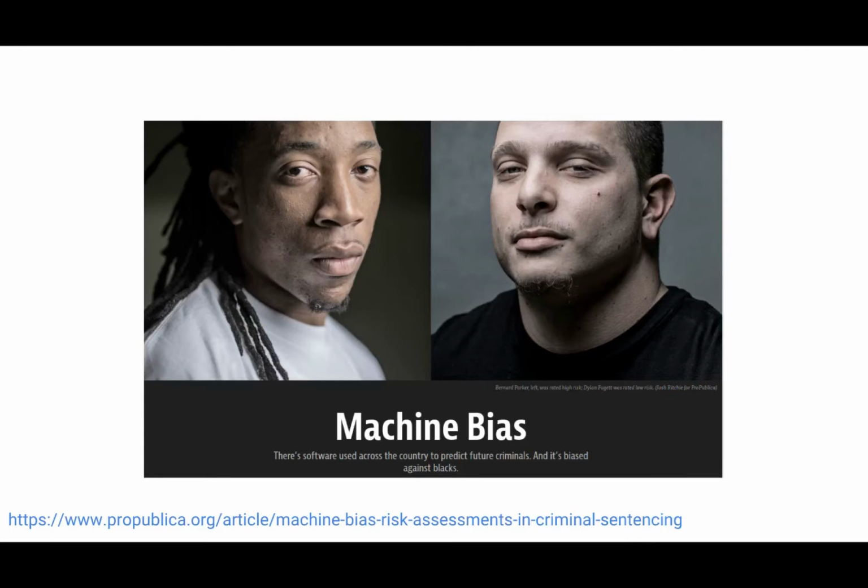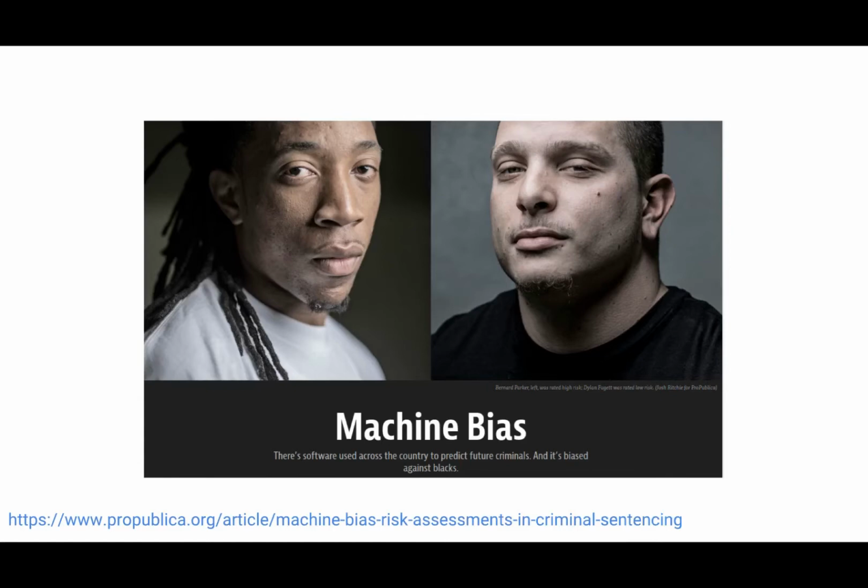So for example, 2 individuals, one African American and one Caucasian, who committed the same crimes, had the same characteristics and profiles, might get wildly different sentences. So this is because the training data that we've collected have biases built into them. It's not the algorithm that's the problem, it's that the data themselves have biases built into the data.